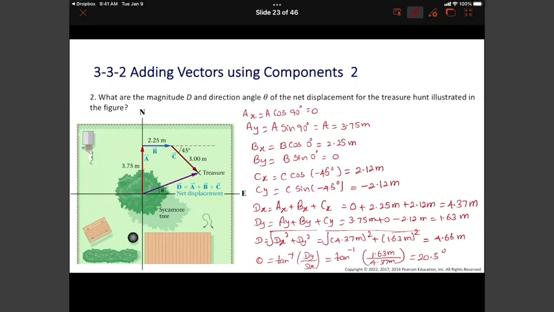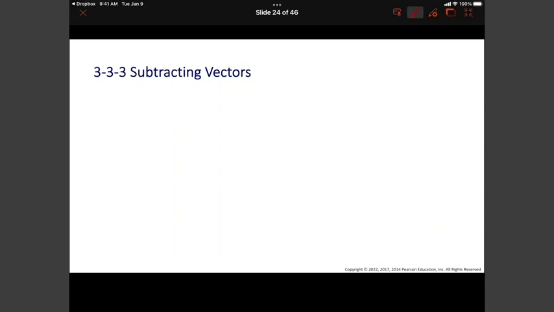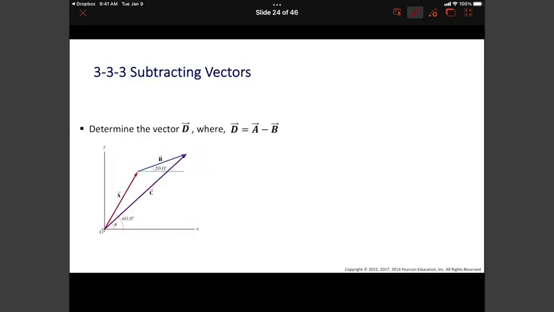Now to conclude this section, let's see how to subtract vectors. Suppose we want to determine the vector D, where D is equal to vector A minus vector B. As an example, we will consider the vectors A and B shown in this figure.